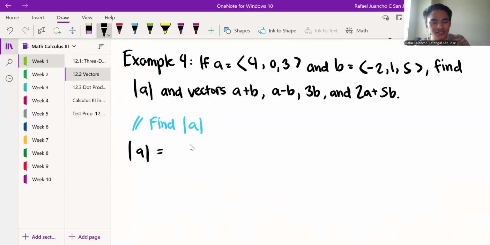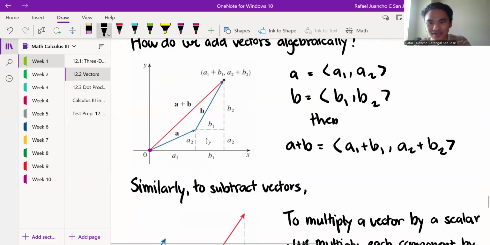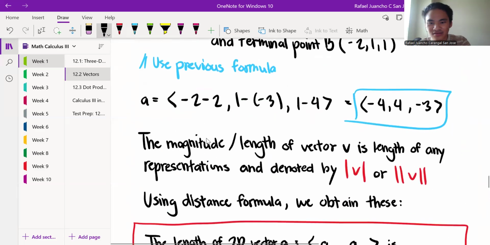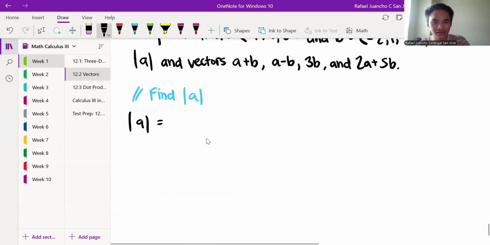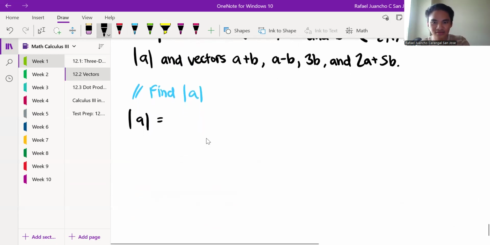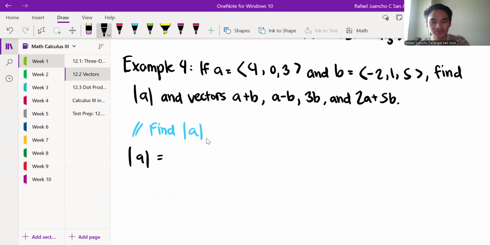So this, what do you call that? Is it a vector? Oh, you call it the length of the vector. It's not the vector, it's the length. So to find the length or the distance, then we just do that 4 minus 0, 0 minus 0, which is just 0.